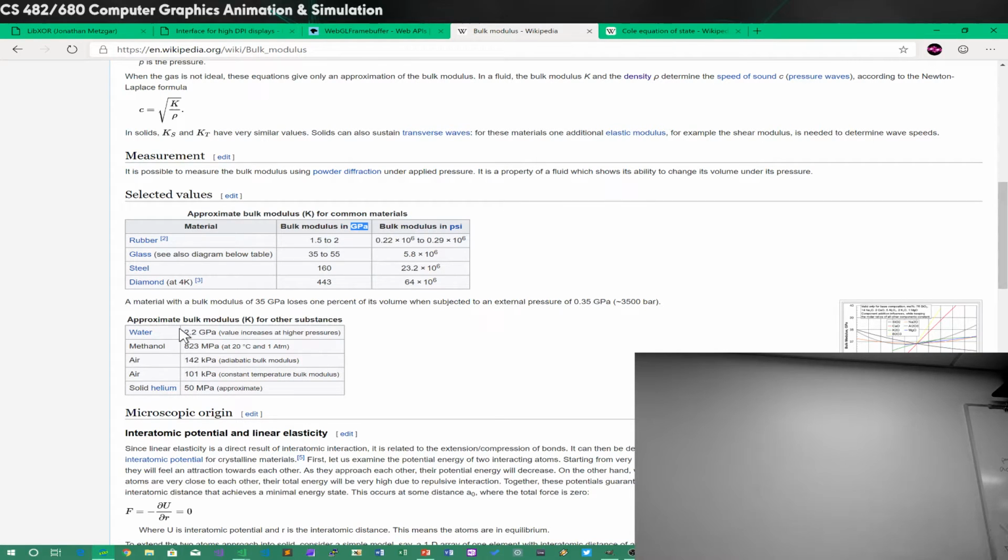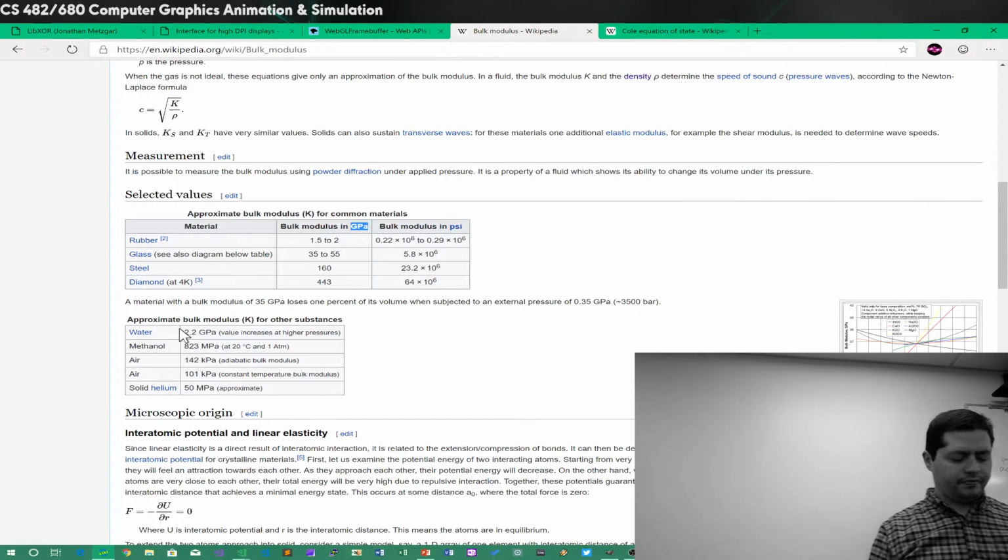Air is a good bottom number to go with. That's 142 kilopascals, so that's 0.000001, oh, that's mega. Okay.